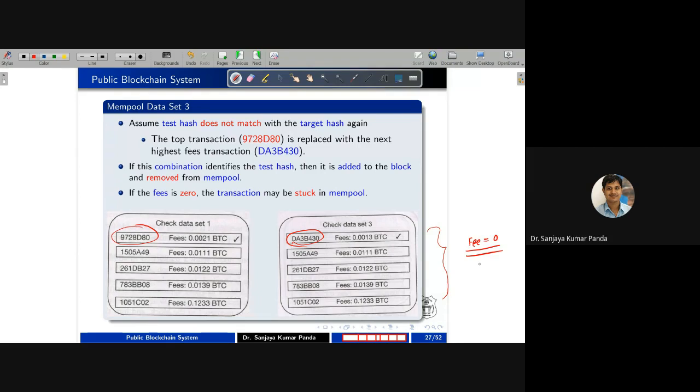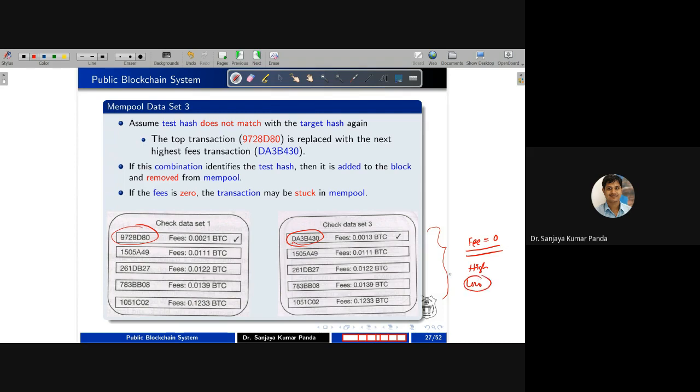Fee is equal to 0. Is it higher priority or lower priority? There are five different transactions you are looking at here, right? Suppose in one case the fee value is equal to 0. So whether the miner has to take it as high priority or the miner has to choose this as a lower priority.